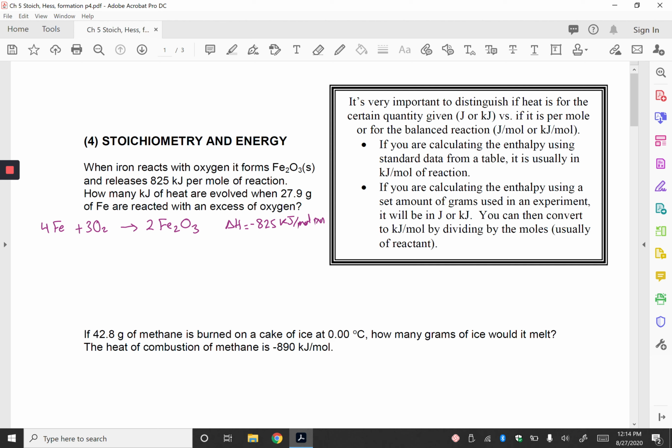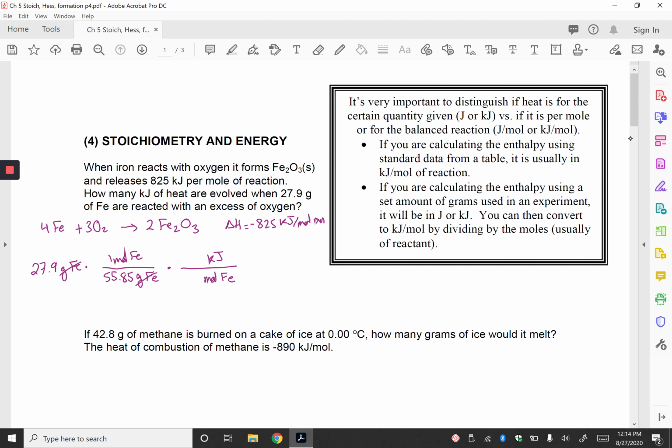So you'd start with the 27.9 grams of Fe, change that to moles. Molar mass is 55.85. So your grams cancel, we're now at moles. And then we're going to put moles on the bottom because we want that to cancel. And we're going to put kilojoules on top because that's what we're solving for, the heat in kilojoules.